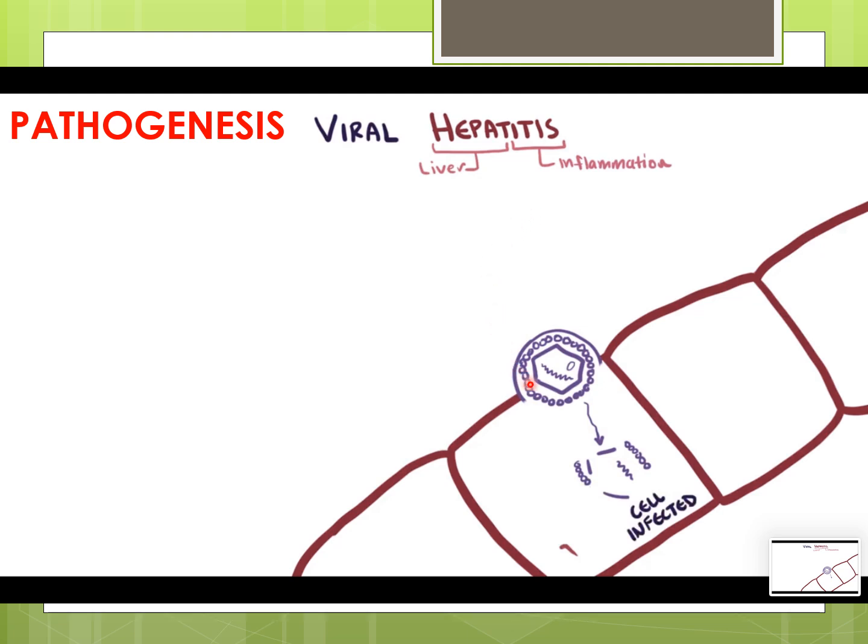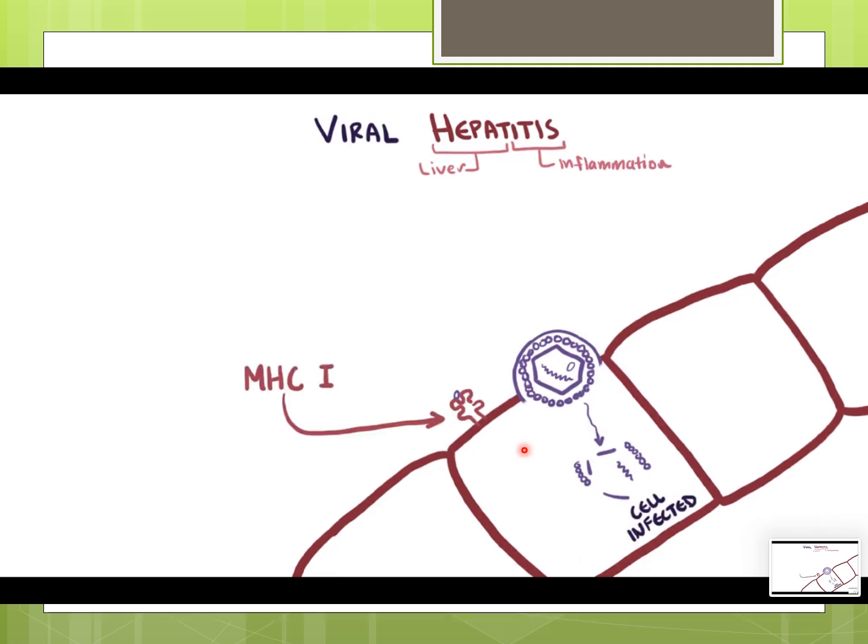So when the virus enters the hepatocytes, when it causes the infection, it will not cause damage of the cell by producing toxins or directly killing the hepatocyte. The virus does not do anything like that. What it does is that it only changes the antigenicity of the hepatocytes by production of these molecules on the surface.